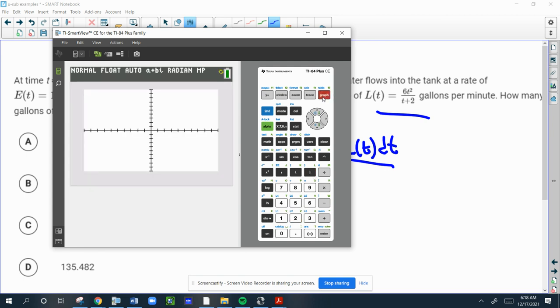I'm going to graph that. And then, after it stops graphing, we're going to integrate that.